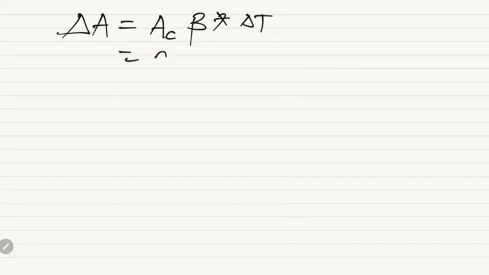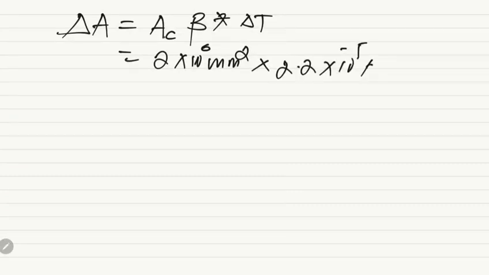So the area is 2 times 10 to the power of 6 millimeter square, times the coefficient 2.2 times 10 to the power of minus 5 K to the power of minus 1, and the change in temperature is 50 Kelvin.